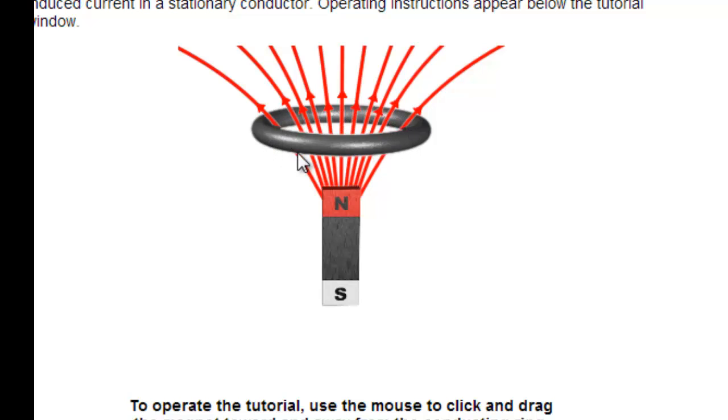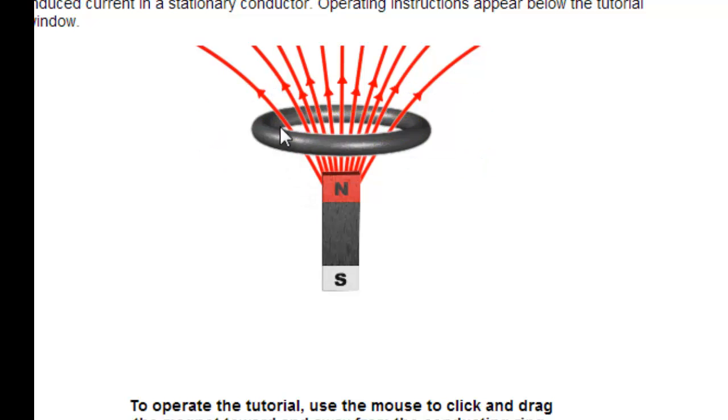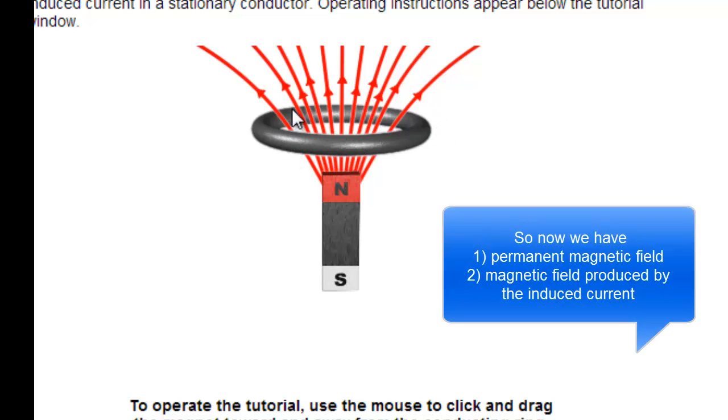However, we know that if we get a current, then this current will itself produce a magnetic field. So moving this in induces a current in the coil, in this hoop, and the current itself will induce another magnetic field. Now Lenz's law says that the direction of this magnetic field will always be opposite to the change that's producing the current in the first place.